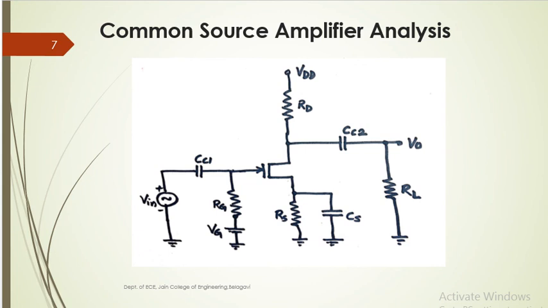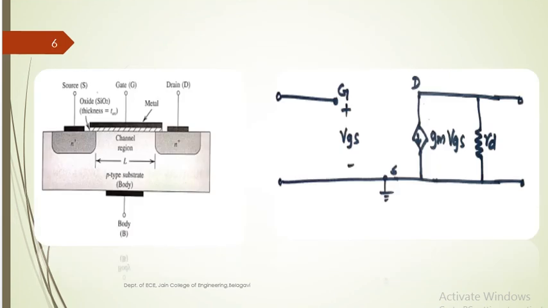Symbol means you have to imagine the device structure, and it also means you have to imagine a small signal model for analysis. You can see that there is no direct connection between gate and source, between drain and gate, or between drain and source. The current movement is from drain to source, and that current depends on the applied VGS value. So drain to source current is flowing, and that current depends on VGS, gate to source.